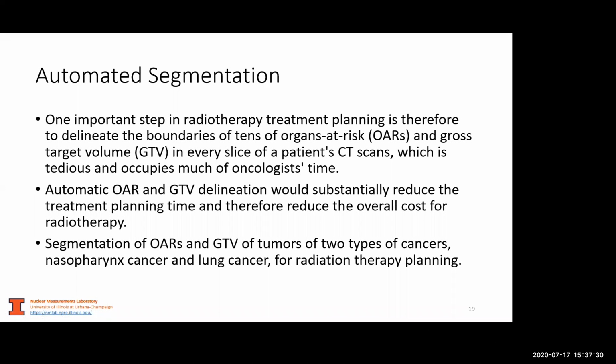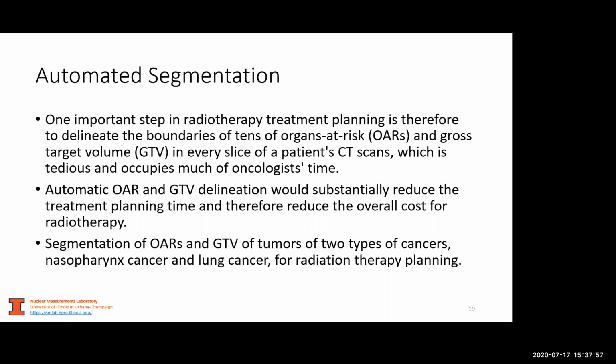And as we've already said, segmentation is important when we need to delineate organs at risk and gross target volume in each patient CT scan. And the automatic segmentation would reduce the necessary time. And we tested it on two types of cancers, nasopharynx cancer and lung cancer, for radiation therapy planning.